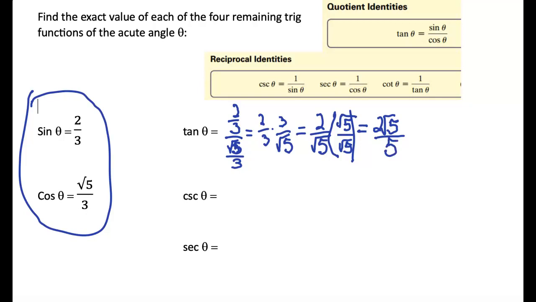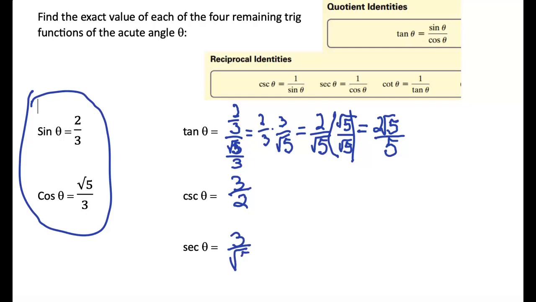And once we get tangent along with sine and cosine, the other three are a breeze. It's just a matter of taking the reciprocals. So the cosecant being the reciprocal of sine, that's just 3 over 2. And the secant being the reciprocal of cosine is just 3 over the square root of 5.